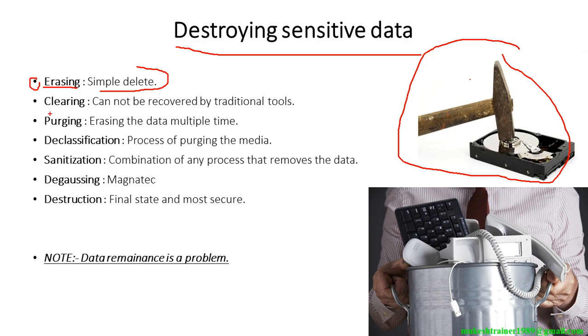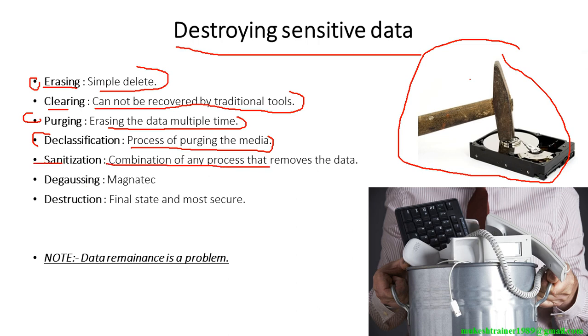So what needs to be done next is clearing. Clearing means the data cannot be recovered by traditional tools. If you are clearing it, it will be hard to recover with a traditional tool, but still not impossible. Purging is erasing the data multiple times, formatting your drive again and again. Declassification is the process of purging the media. Sanitization is a combination of any process that removes the data.